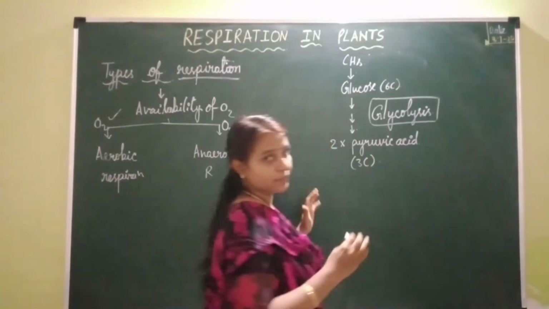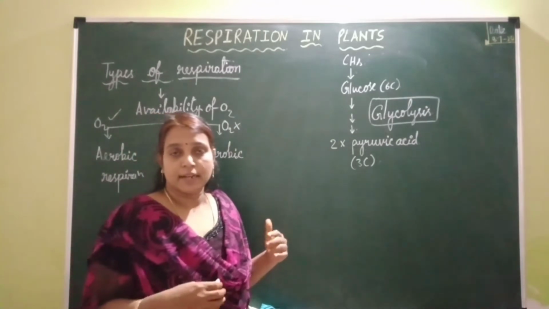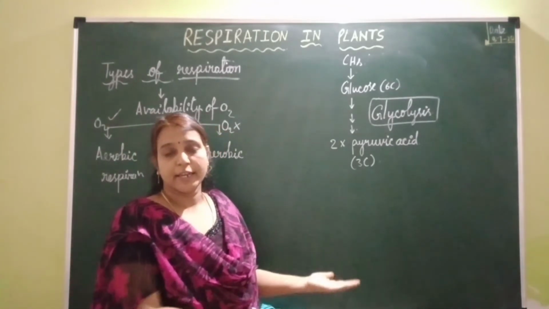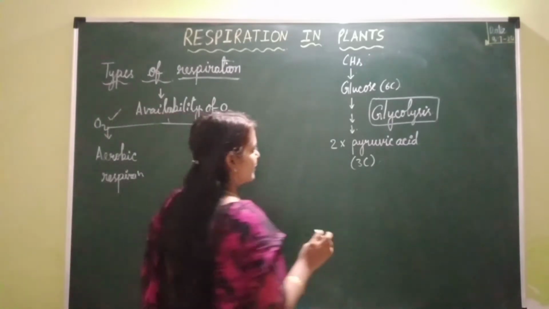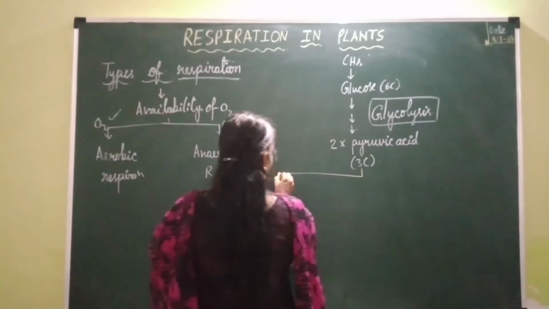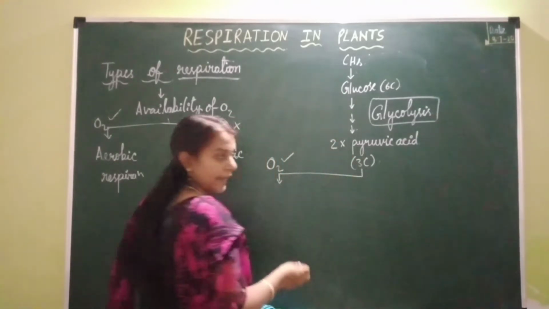That means this pathway, glycolysis, is universal in any type of organism, whether it is an aerobe or an anaerobic organism. Now after formation of pyruvic acid, if oxygen is available inside the cell or inside that organism, what happens?